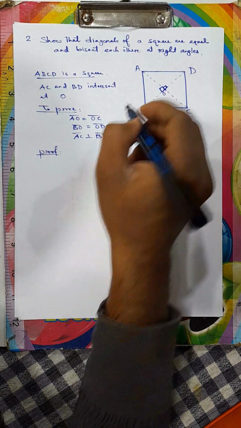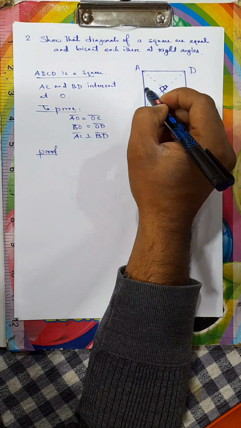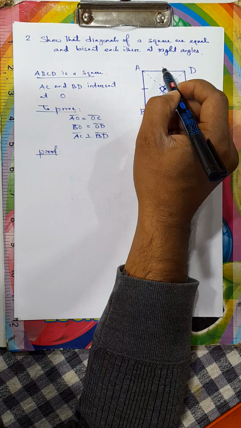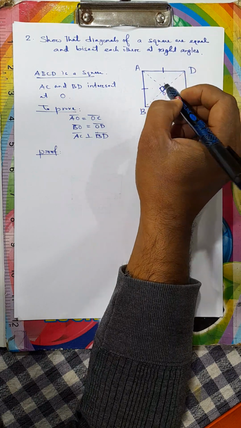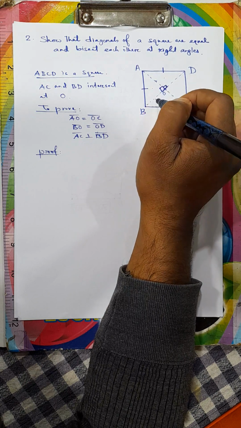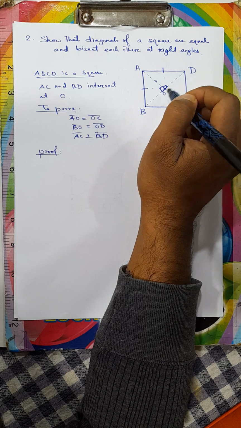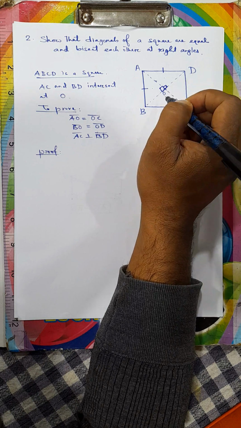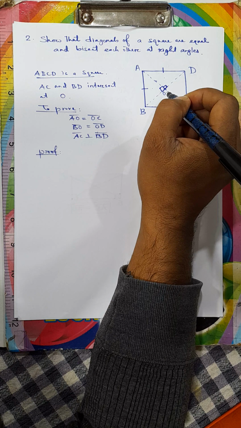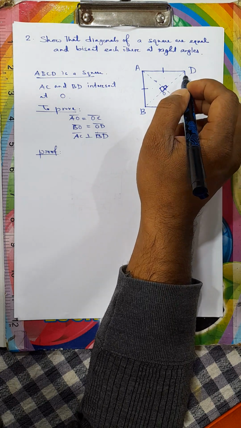So let us consider these two triangles. Since it is a square, AB equal to AD, right? Then AO is a common side here. Then BO equal to OD. Since in a parallelogram, diagonals bisect each other, so obviously BO equal to OD, right?